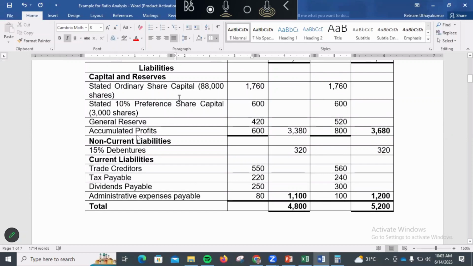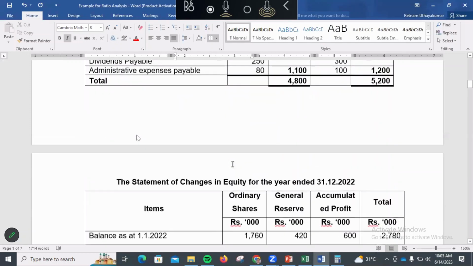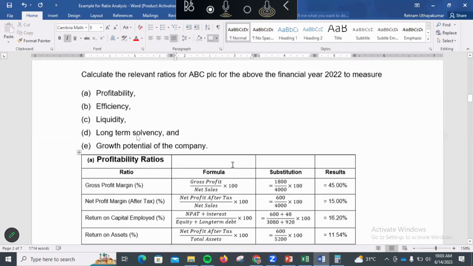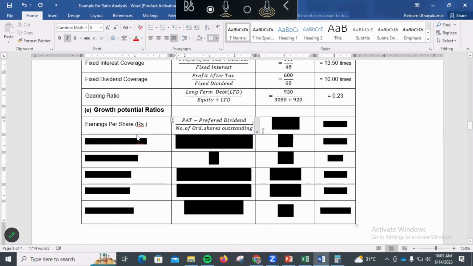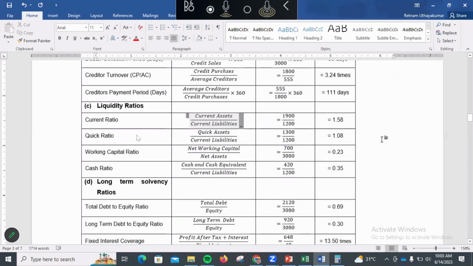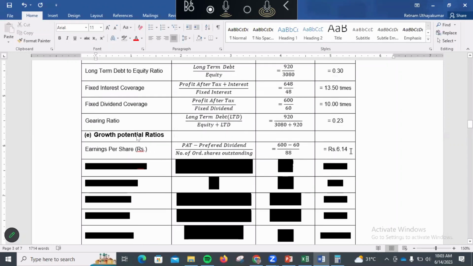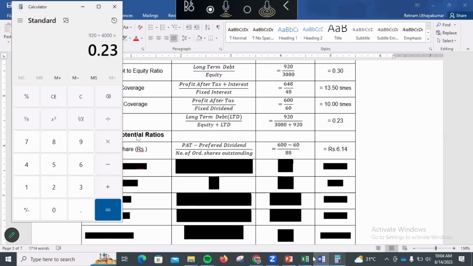You want to calculate the number of shares. So 88,000 is coming, but it should be put in thousands, so 88. Don't write 88,000 because all figures we have converted into thousands. So you can take the answer as 540 over 88.